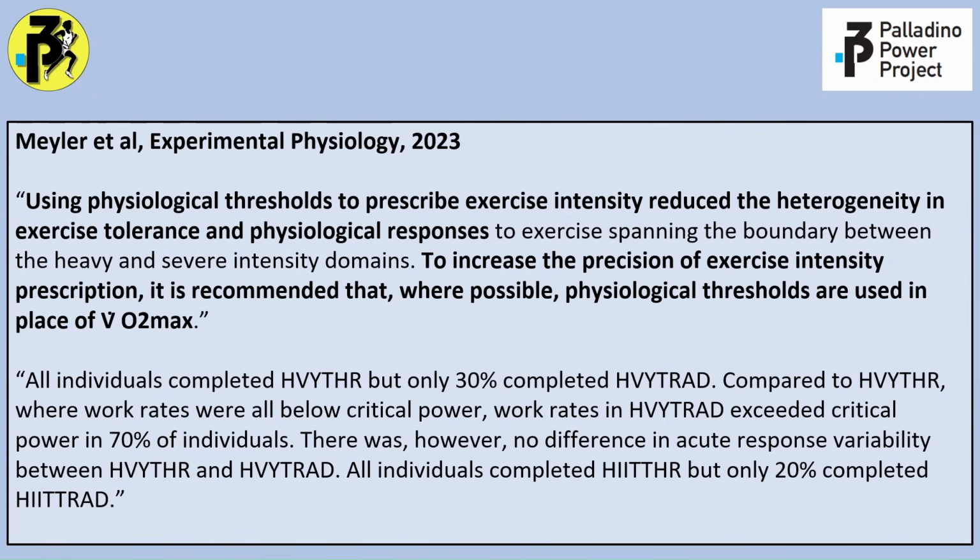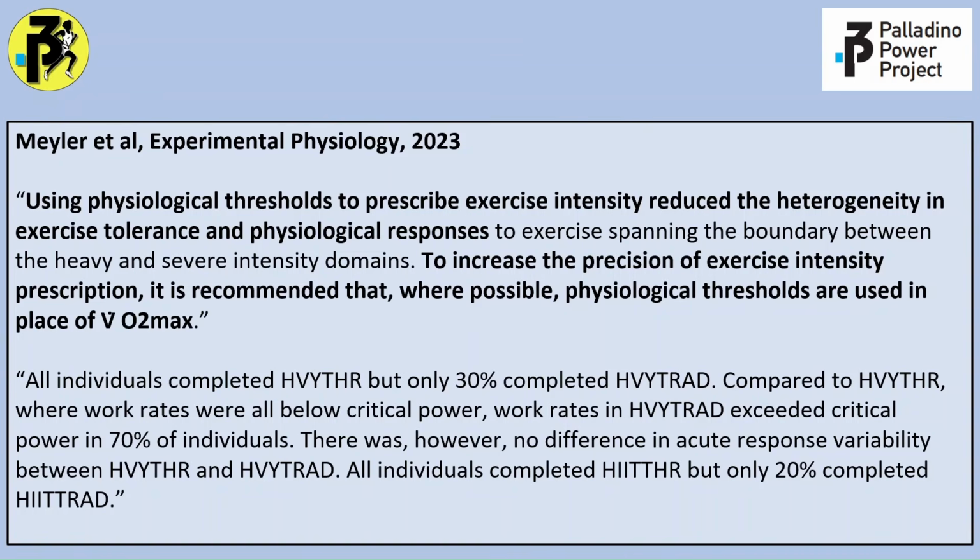Myler in 2023 did a study and summarized by saying that using physiologic thresholds to prescribe exercise intensity reduced the heterogeneity of exercise tolerance or sustainability and physiologic responses. So that added an additional element in terms of sustainability. I'll get to that in just a second.